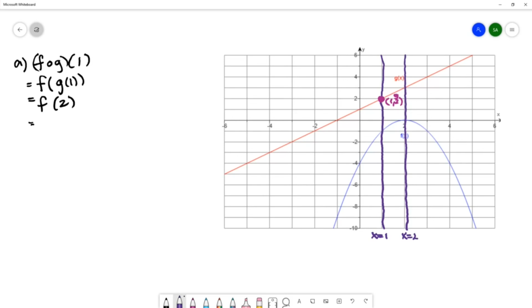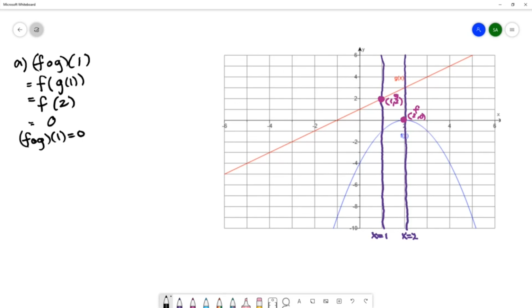These are all the ordered pairs that have an x of 2, and I'm interested in this one here that intersects the graph of f. And that ordered pair is 2, 0, and that is on f. So f of 2 is 0. So we have worked out that f composed with g of 1 is equal to 0.